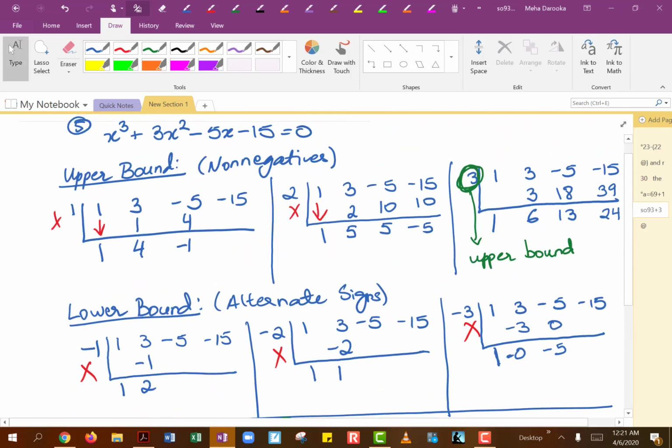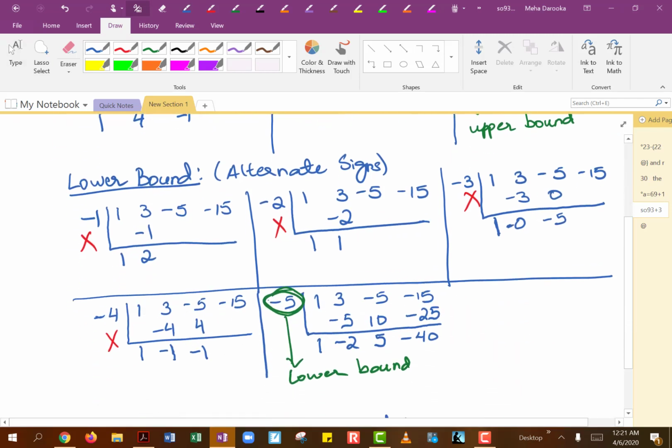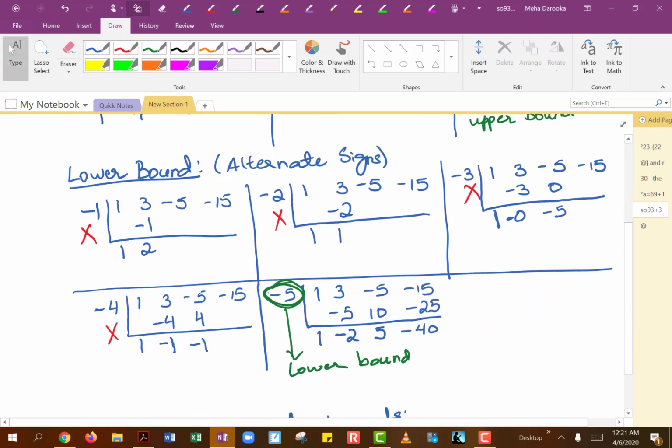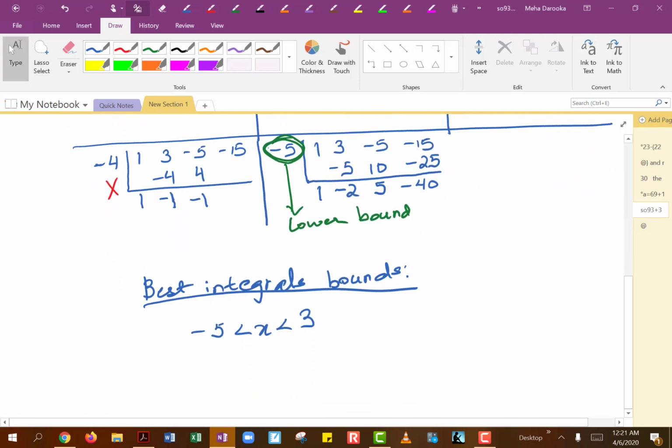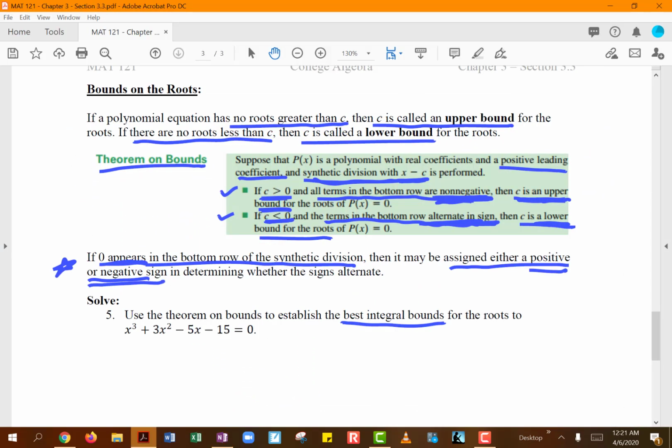Now this can get pretty tedious, because for the upper bound we start dividing by positive 1, positive 2, positive 3, and you keep going till you find all non-negatives in your bottom row. For the lower bound, we're looking for alternating signs, which means again you start dividing by negative 1, negative 2, negative 3, negative 4, negative 5, as far as you need to go till you find those alternating signs in your bottom row, right? So that's how this theorem on bounds works.